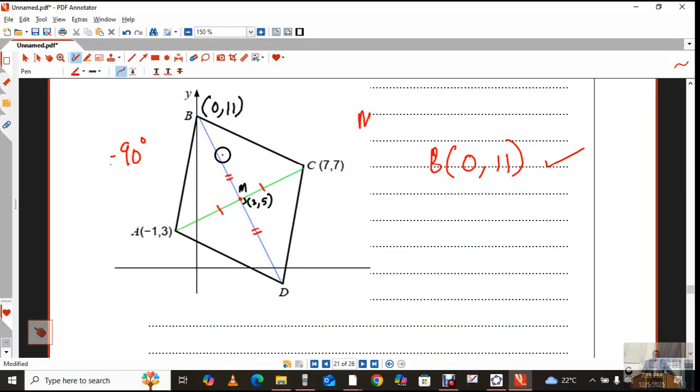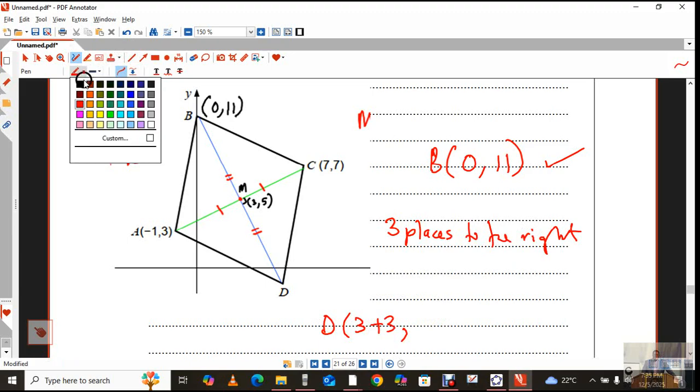So you minus 3. Now you're going to go 3 places to the right. What does that mean? It means I'm going to say 3 plus 3, for my x.